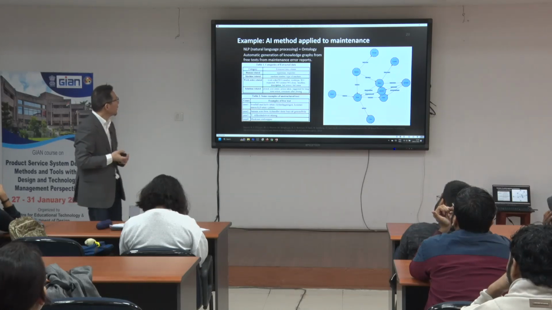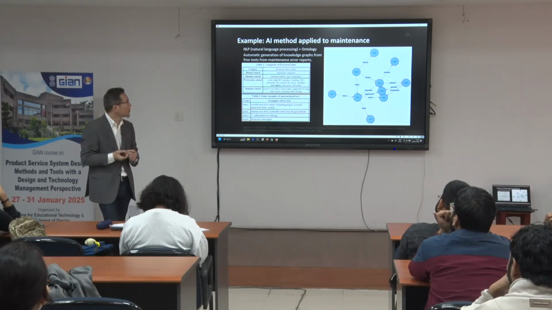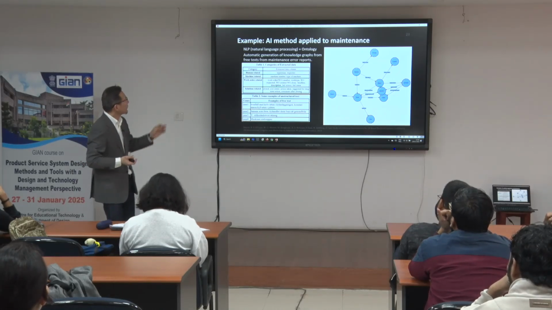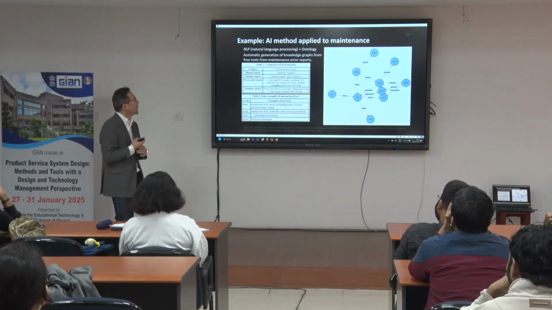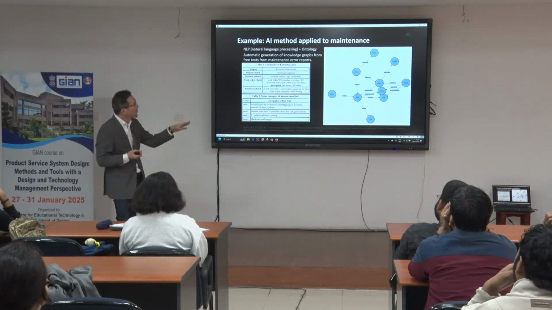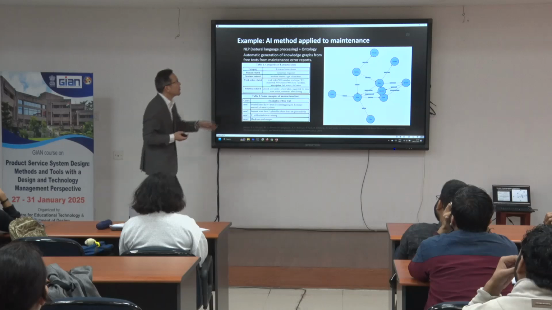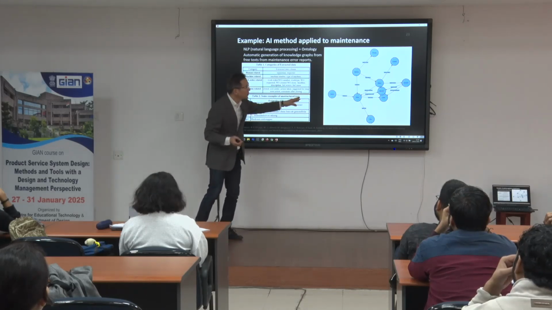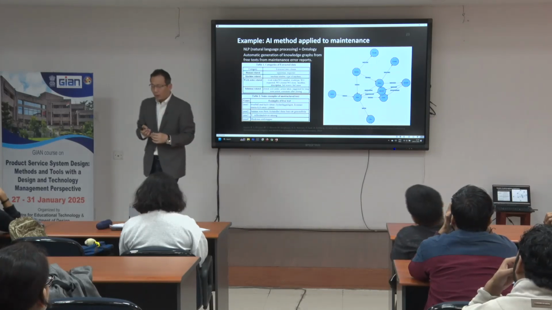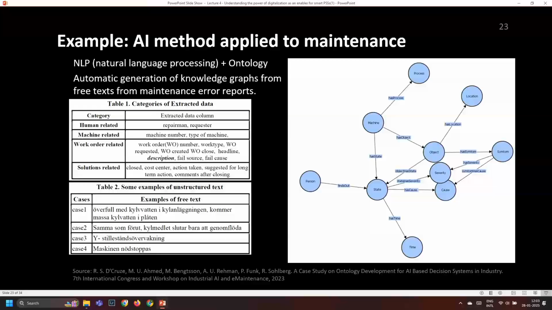And then we analyzed that free text, and we managed to produce knowledge graphs that look like this, based on the free text plus the ontology given to the system.